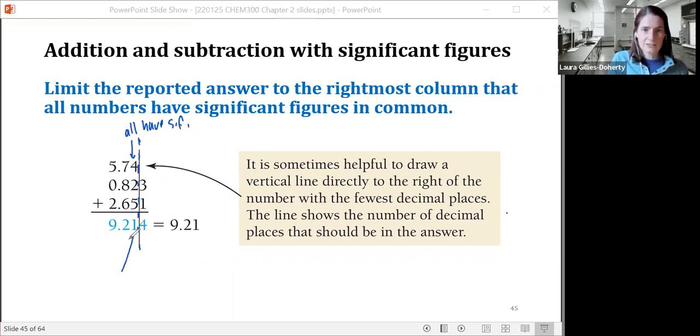And so in this case, the last sig fig is in the hundredths place that they all have in common. And so your final answer has to be rounded to the hundredths place.